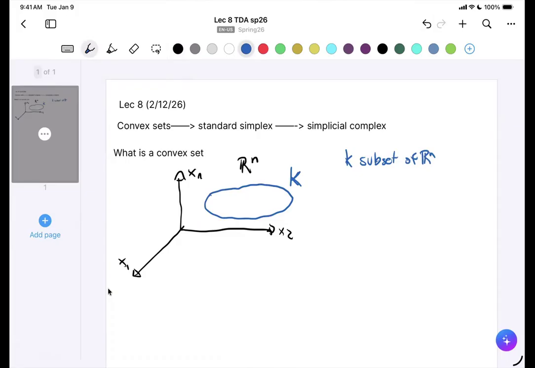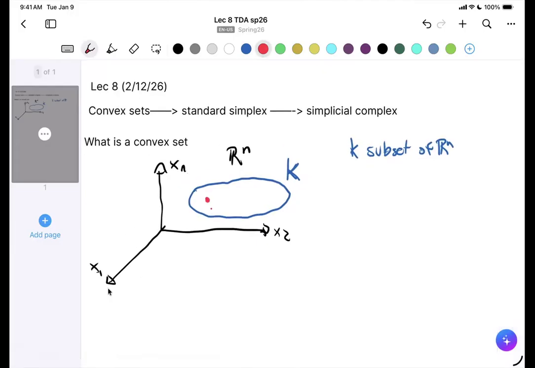And the idea is that a subset of Rn is called convex if whenever you choose 2 points inside the subset, the line segment connecting them is completely inside the subset. So if I choose 2 points, which I'll call P1 and P2, if I have 2 points inside the subset, for it to be convex, it must have the property that the line segment, or the interval, if you want to think about it as an interval, whose endpoints are those 2 points must be inside the subset as well.